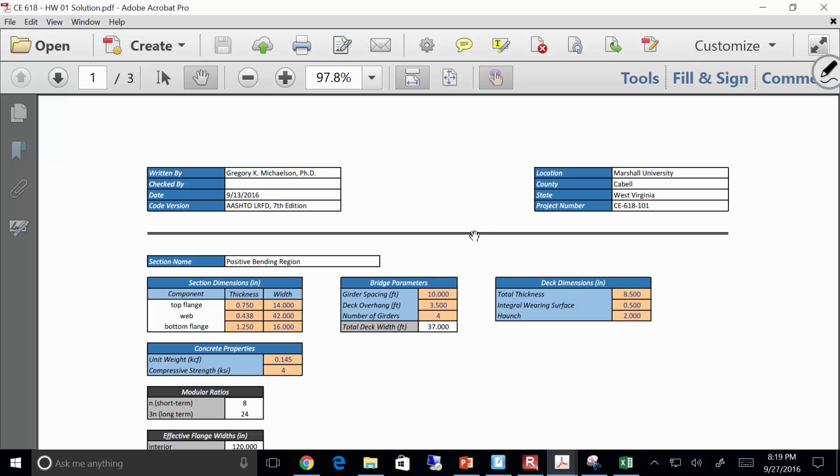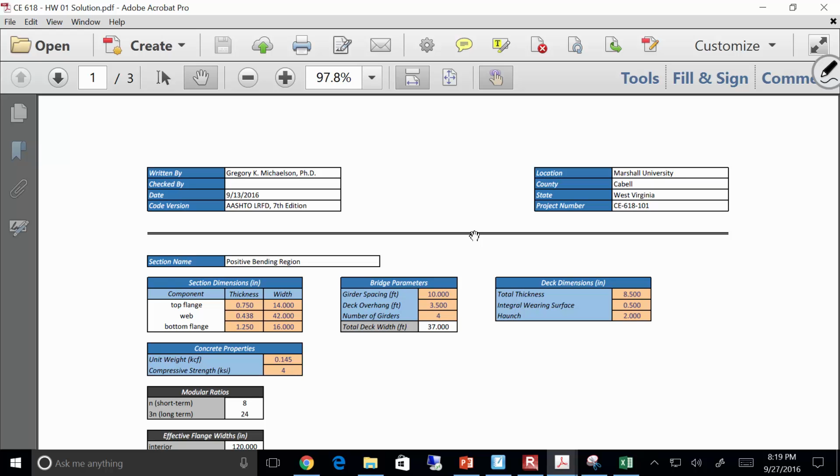Okay, see, here's my spreadsheet for the section properties. I'm in positive bending, right? Now, jog my memory. Were we looking at an interior girder or an exterior girder? Make sure y'all were paying attention. This whole MP and MY, were we looking at an interior or an exterior? Exterior, because the effective flange width was shorter, right?